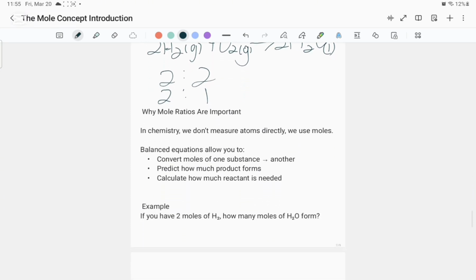So why are mole ratios important in chemistry? We do not measure atoms directly, we use moles, right? Because atoms are very tiny, it is hard to count, so we use moles as a larger unit to calculate. Let's say, for example, to count rice grains, right?